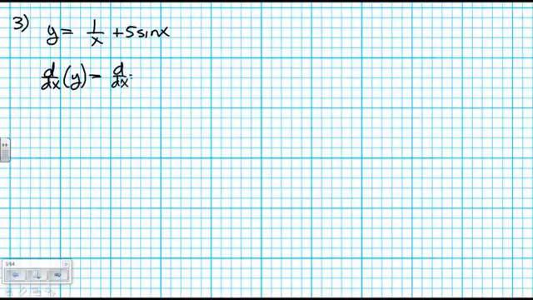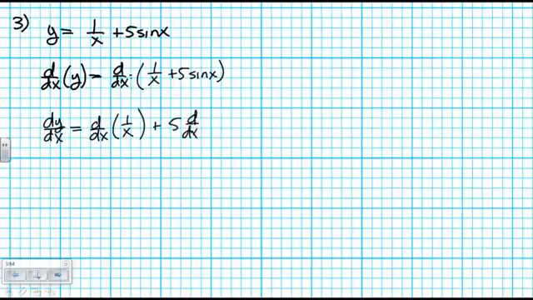Get that notation perfect. Let's think of this again using the addition/subtraction rule and the constant multiplier rule.